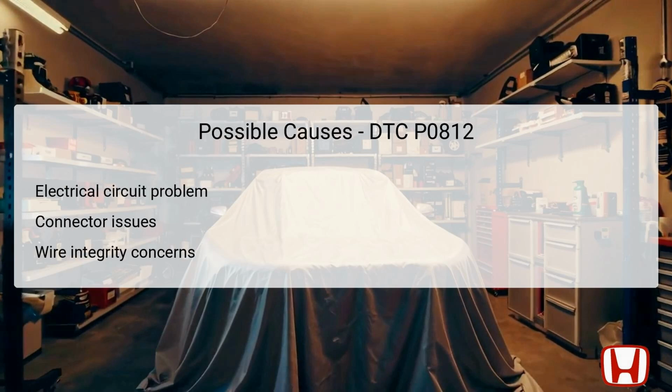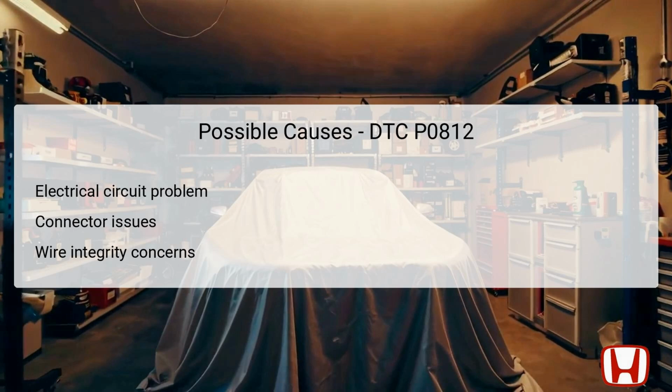The causes for the DTC P0812 mainly stem from electrical circuit problems rather than mechanical faults within the transmission itself. One primary cause could be issues with the connectors associated with the transmission range switch. Over time, connectors may become corroded or loose, preventing proper electrical flow.